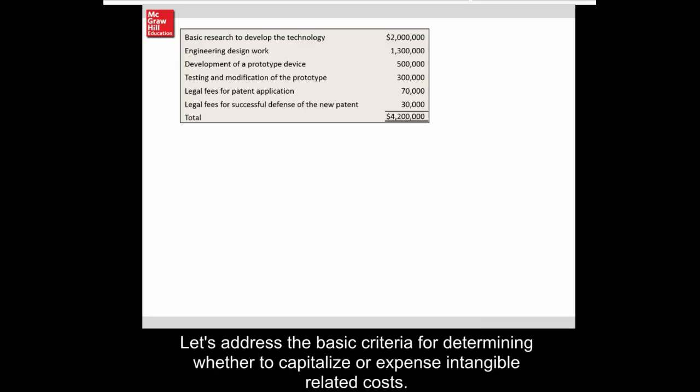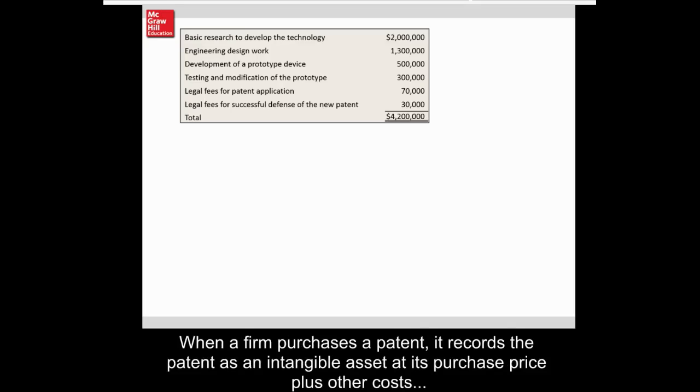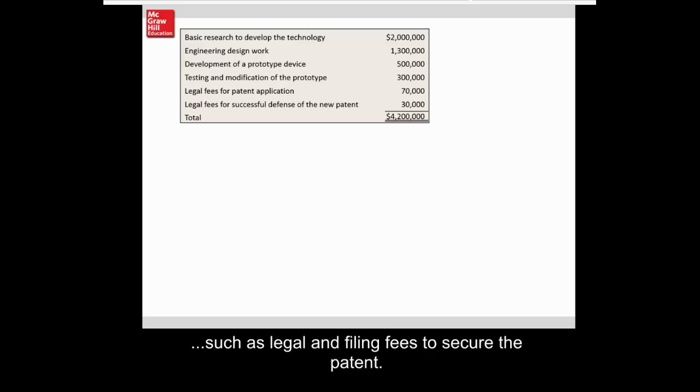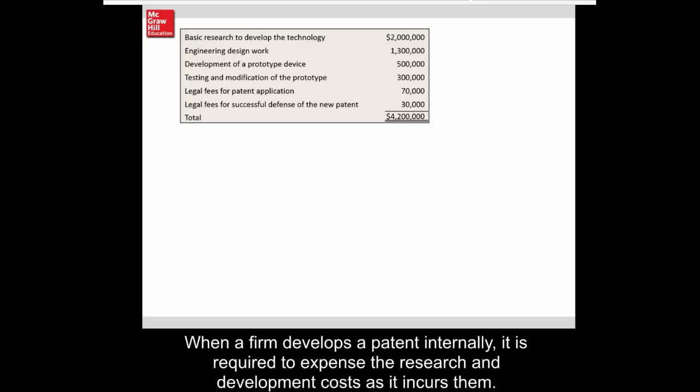Let's address the basic criteria for determining whether to capitalize or expense intangible related costs. When a firm purchases a patent, it records the patent as an intangible asset at its purchase price plus other costs, such as legal and filing fees, to secure the patent. When a firm develops a patent internally, it is required to expense the research and development costs as it incurs them.